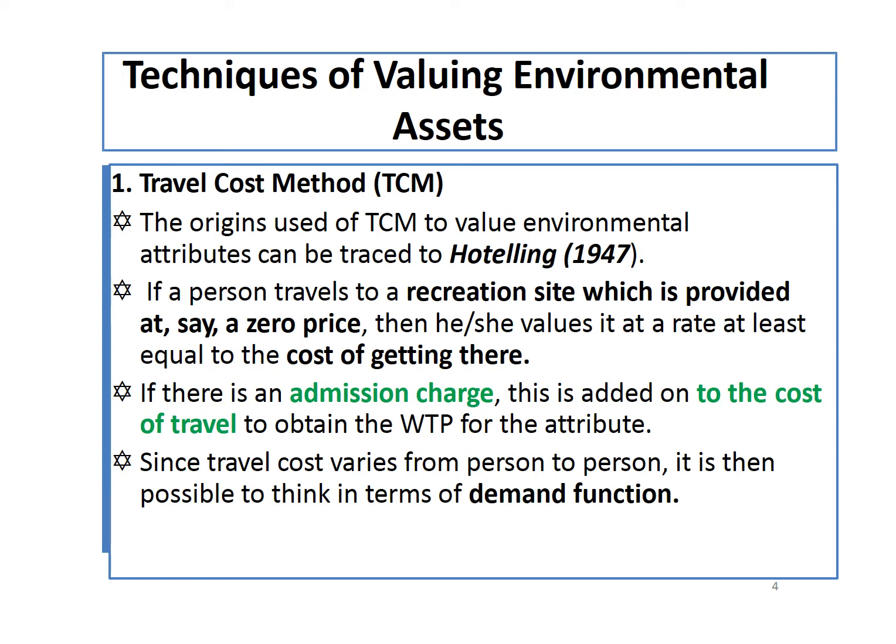Also, the travel cost method was originally used to value environmental attributes by a guy called Hotelling back in 1947. That is done, for example, if a person travels to a recreational site or some park to refresh himself, which is provided at, say, a zero price.